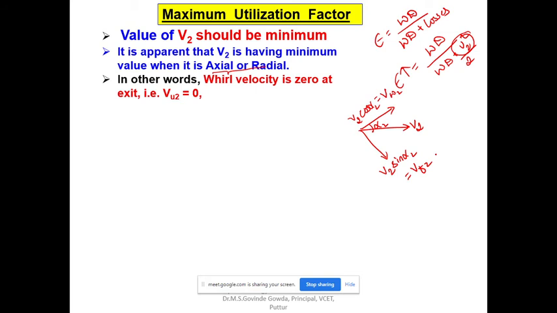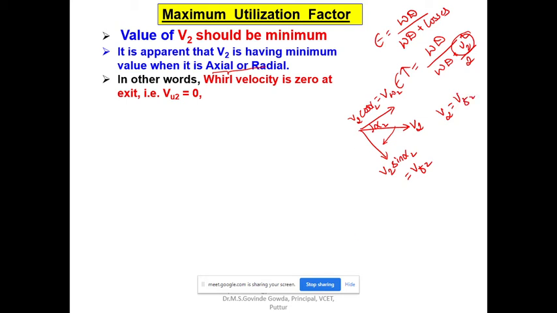Is this clear first? Yes, sir. Okay, so this is VW2 and this is VF2. Now, what does this mean here? If V2 is minimum, it means I am reducing this V2 in this opposite direction. When it will be minimum or 0, at that time V2 will be equal to VF2.